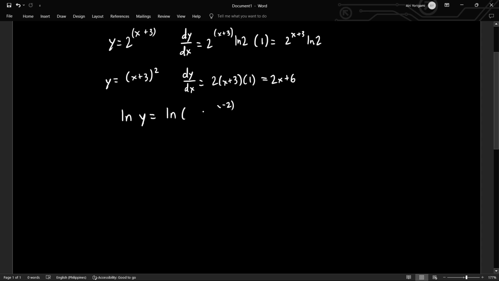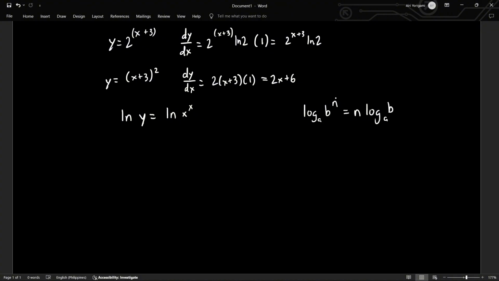Or actually, let's use x raised to x for a simpler example first. x raised to x. Now, take note. If you have a logarithm of b with base a raised to n, that would be equal to n times the logarithm of b with base a.